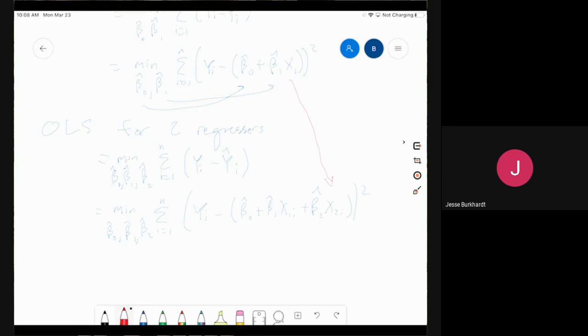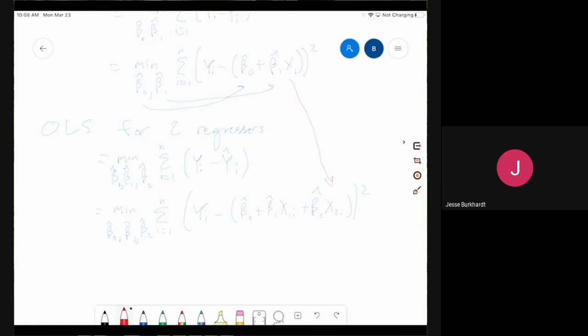So we're still estimating ordinary least squares, but we're now minimizing a function over 3 unknown parameters, beta hat 0, beta hat 1, and beta hat 2, whereas before we were minimizing over just 2 unknown parameters, beta hat 0 and beta hat 1.